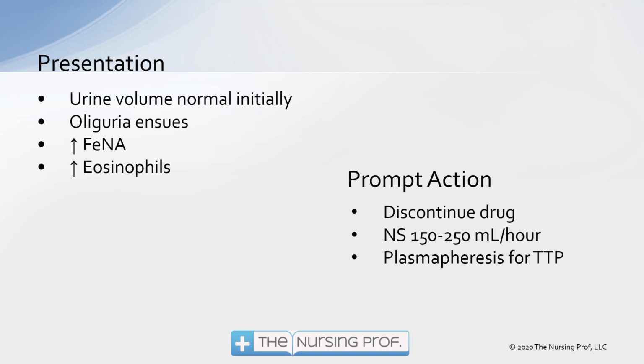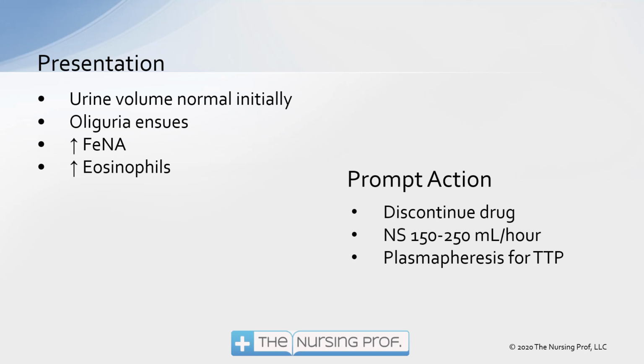On presentation, the urine volume may be normal initially. This is because, remember again, the filter. Think about that coffee filter. If I'm burning holes in the coffee filter with my acid, volume is still going through, right?